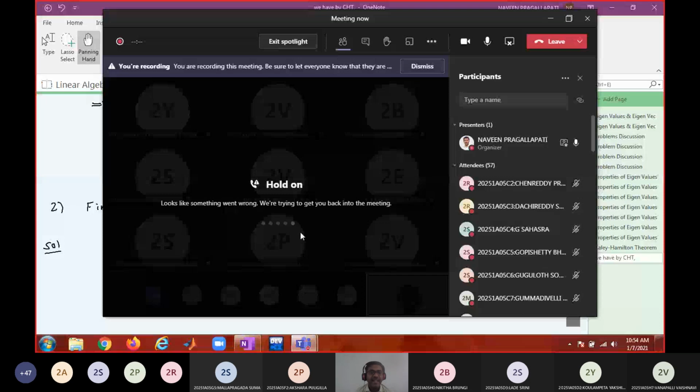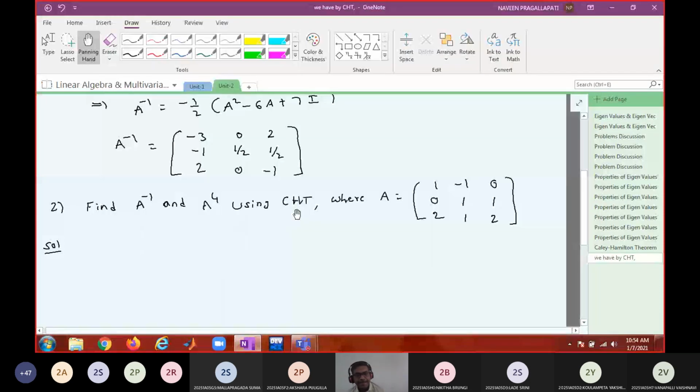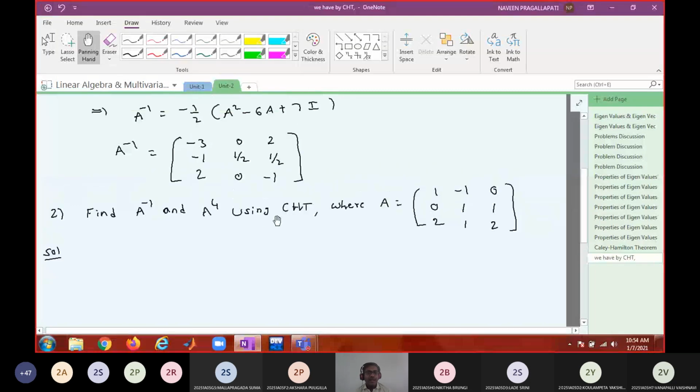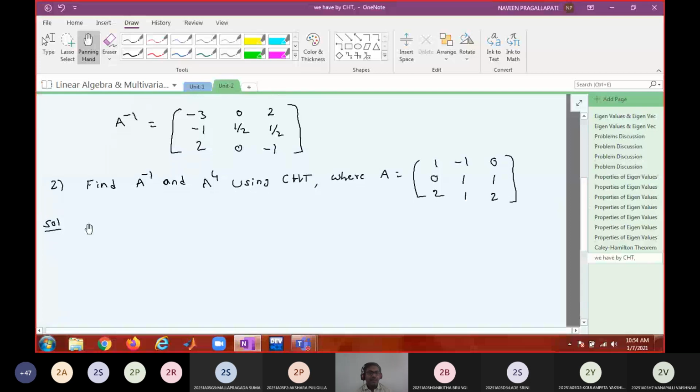You are not asked to verify Cayley-Hamilton theorem. Do you understand? Okay, so you just find the characteristic equation and use Cayley-Hamilton theorem, substitute lambda with A, and you will get an equation. Using that equation, you find A inverse and A power 4. Is that okay? So find the characteristic equation first.